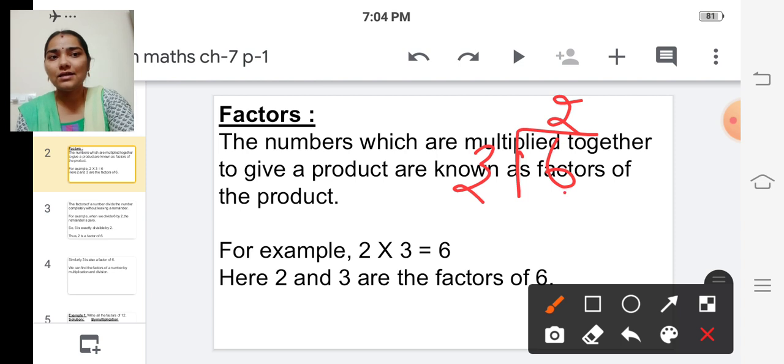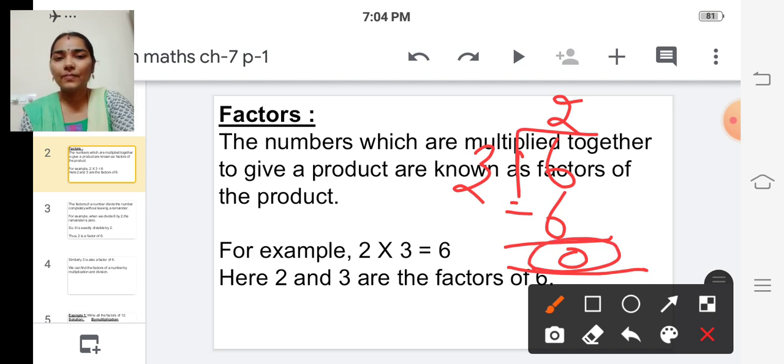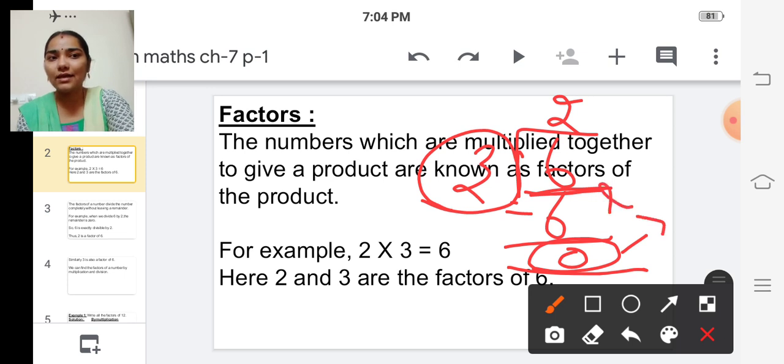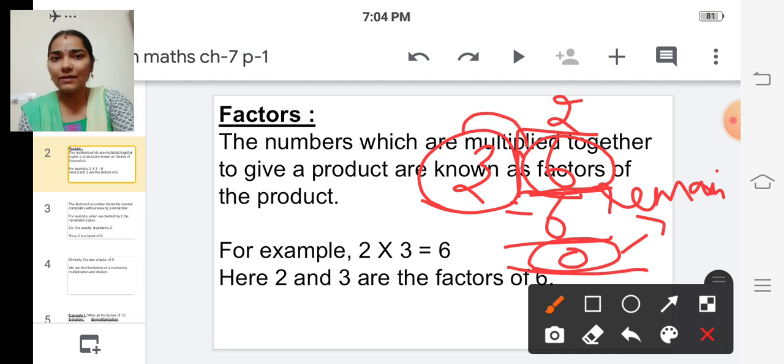If we subtract, we get the remainder as 0. So 3 divides 6 exactly. Exactly means it leaves 0 as the remainder. If it leaves 0 as the remainder, then 6 is divisible by 3 exactly.